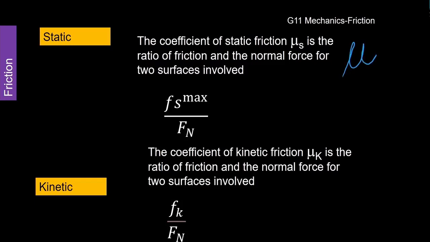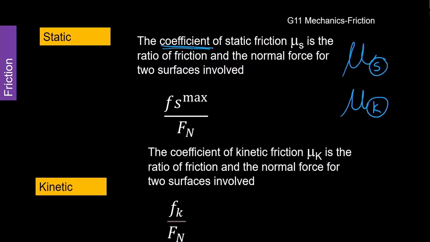It's like a fancy U. And if we want to distinguish between static friction and kinetic friction, we put a subscript of S or we put a subscript of K. So that means the static friction and that means the kinetic friction. So it is called the coefficient, that's the word.